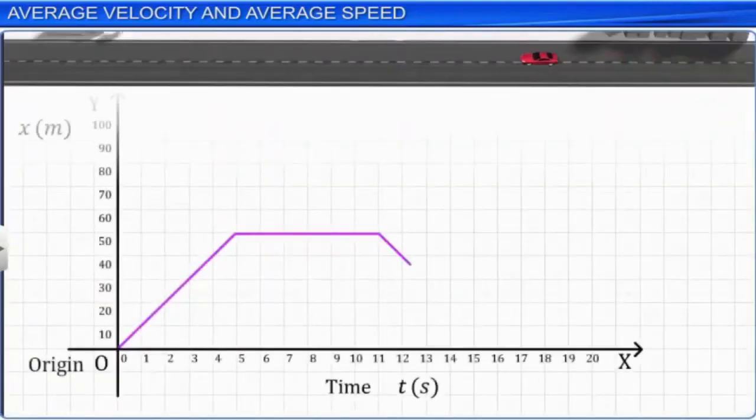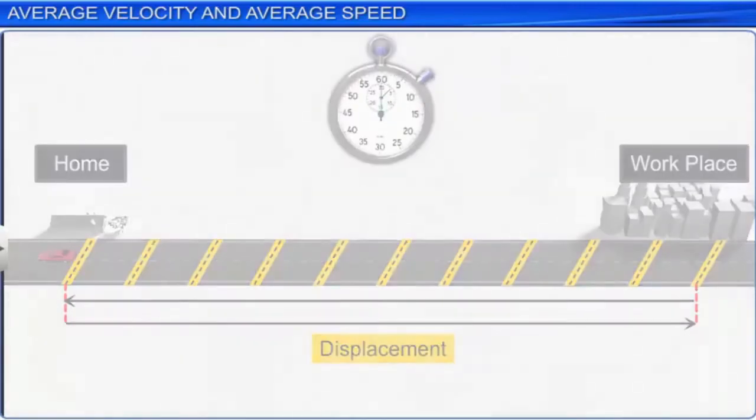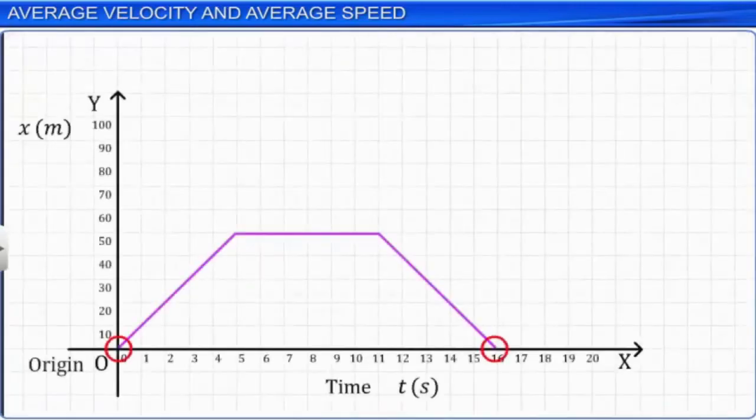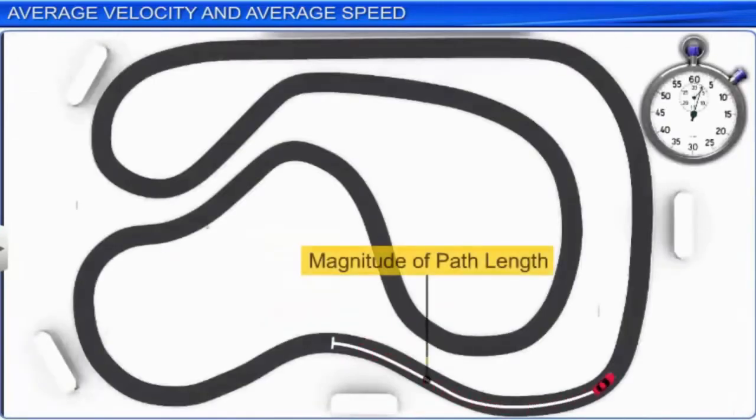We know that speed depends on the magnitude of the path length described by a body and the time taken to describe this path. Average speed is the ratio of the total path length and the total time taken for the motion. The unit for average speed is the same as that for average velocity.